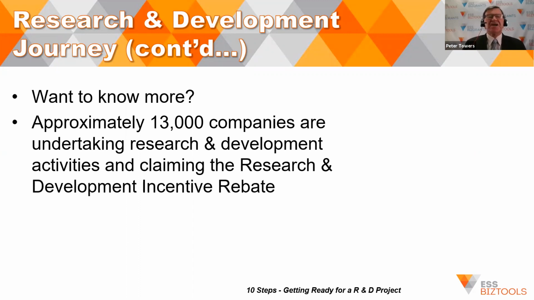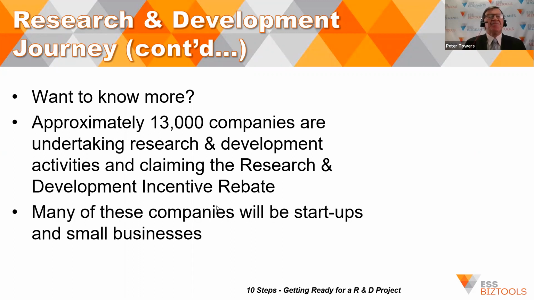There's approximately 13,000 companies undertaking research and development in Australia, so they can claim the research and development incentive rebate. I suspect that many of those 13,000 companies, probably well over half, are going to be startups and small businesses and new companies that have been incorporated because the initial research and development's been done by a sole trader or a partnership, and then someone gave them some advice that they had to be companies to claim the research and development rebate.